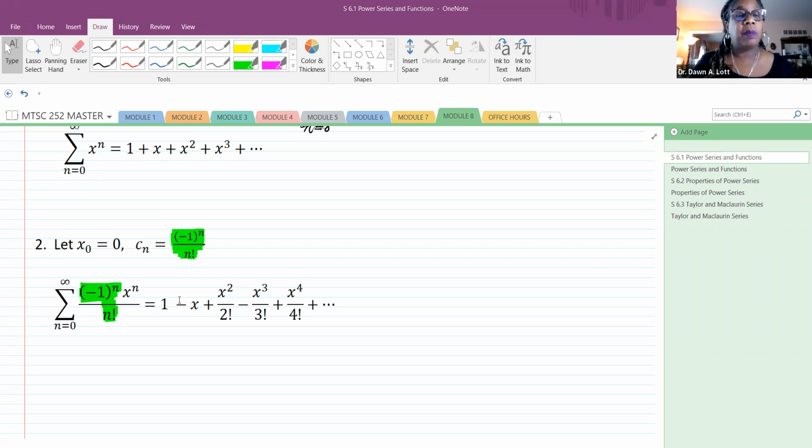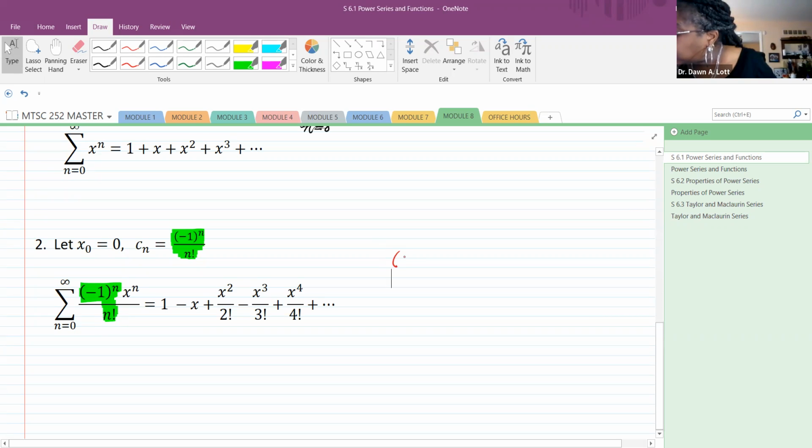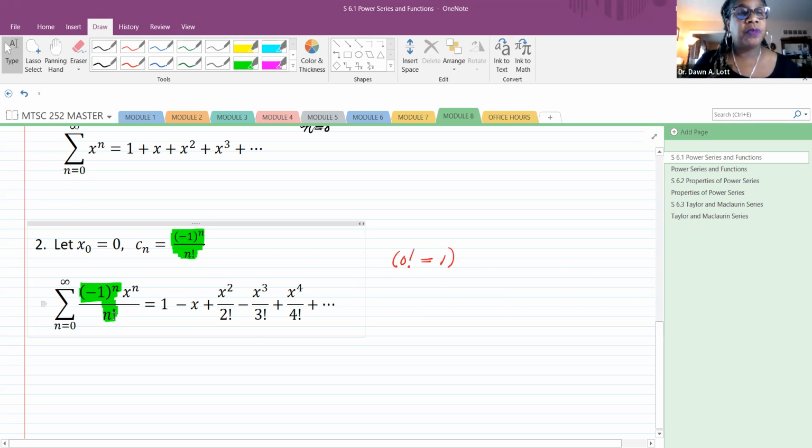All right, so when I put in n equals 0, I get x to the 0 over 0 factorial, and oh, I got 0 in the denominator. Well, actually, I don't. We have to remember that 0 factorial is 1. So we get 1.